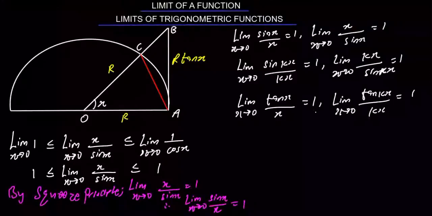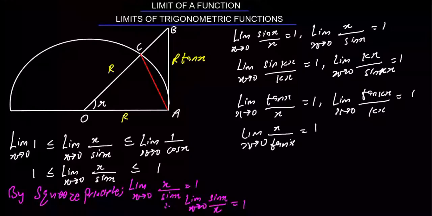So that's that for that. You can see that this basically works for sine and tangent. Take note that if I invert this, x over tan x is 1 as x tends to 0. If I invert this one also, the limit as x tends to 0 of kx over tan kx, my answer is still equal to 1. So that is it for limits of trigonometric functions.